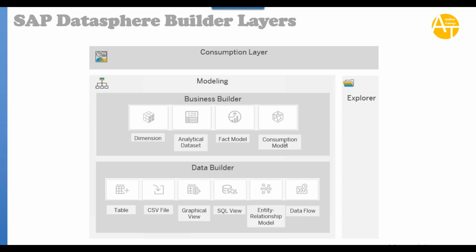The business builder layer is basically used for collaboration, and the consumption layer includes Excel, Power BI tools, Analytic Cloud. These are the consumption tools. So most of the time your consumption layer will consume the business builder.